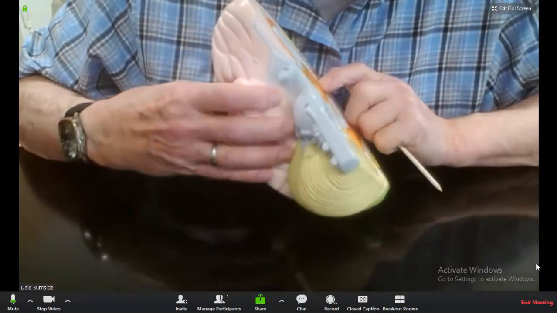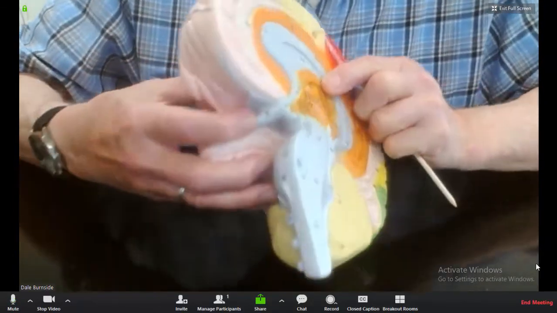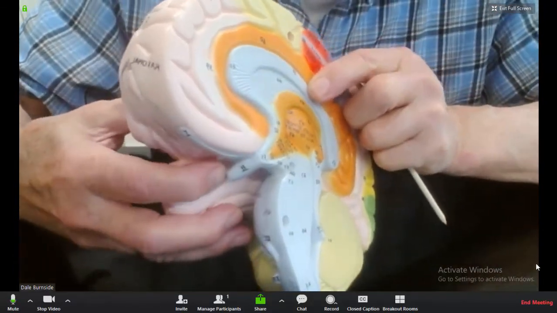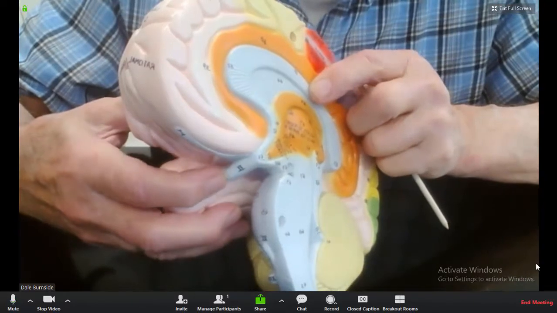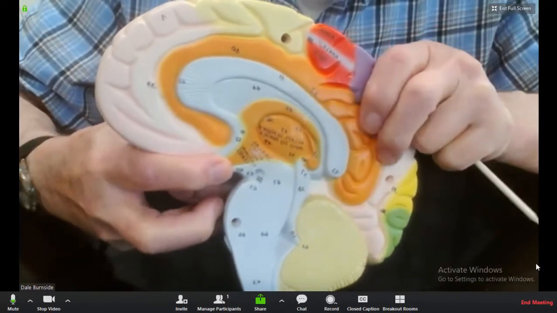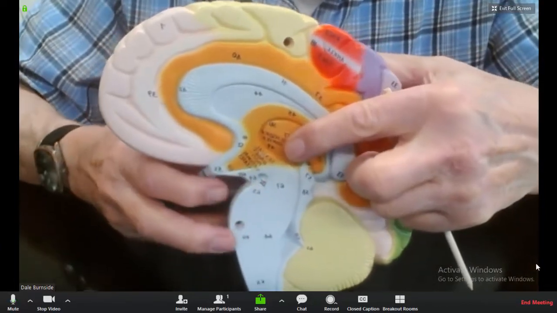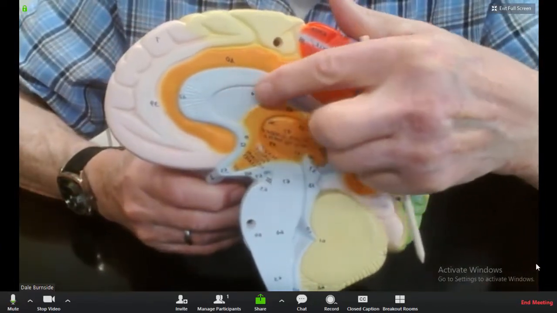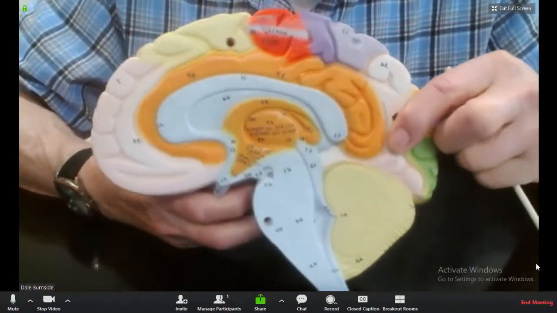Yeah, this little stick out from the bottom comes out from the hypothalamus, which is the floor of the thalamus. This is the corpus callosum.